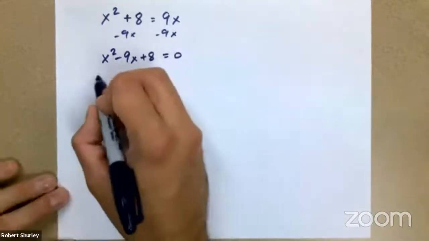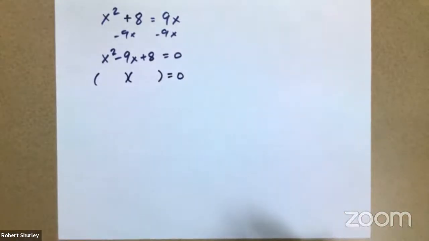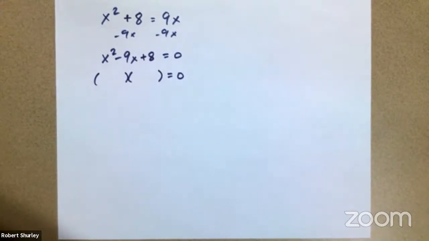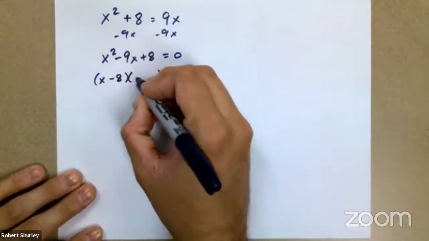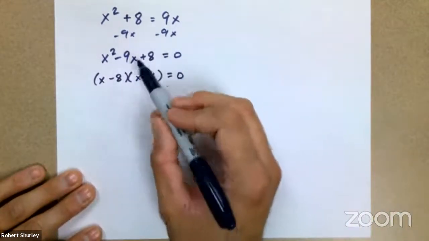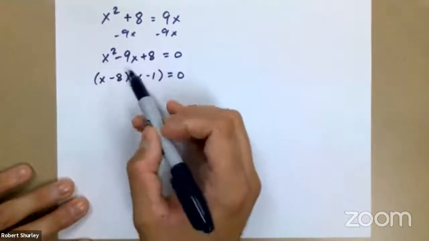Then if x squared was by itself, you can just set up parentheses, and then you've got to think, what 2 numbers multiply to give you positive 8, and then add to give you a negative 9, right? That's going to be minus 8, minus 1, right? Multiplies to give me the positive 8, adds to give me the negative 9. And then we factored it, right? So we factored this trinomial.